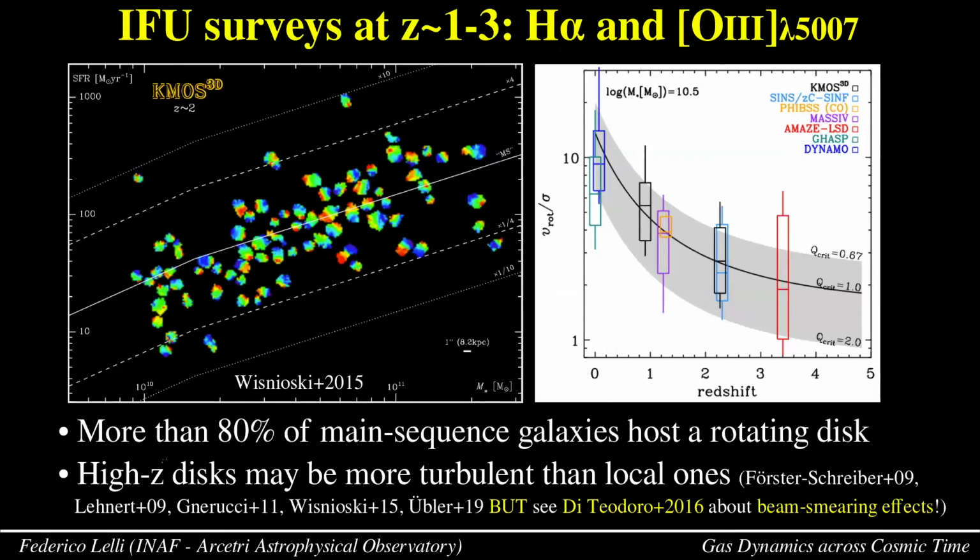One is that more than 80% of main sequence galaxies host a rotating disk. So rotation seems to be the rule up to these redshifts. And also, high redshift disks may be more turbulent than local ones, in the sense that the ratio between the rotation velocity and sigma seems to decrease with increasing redshift, at least for ionized gas.